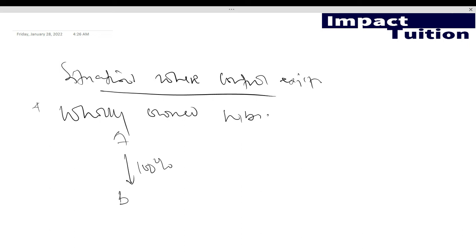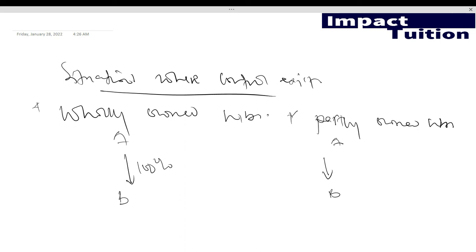We have partially or partly owned subsidiaries. A, B. A owns 80% of B's voting share capital.